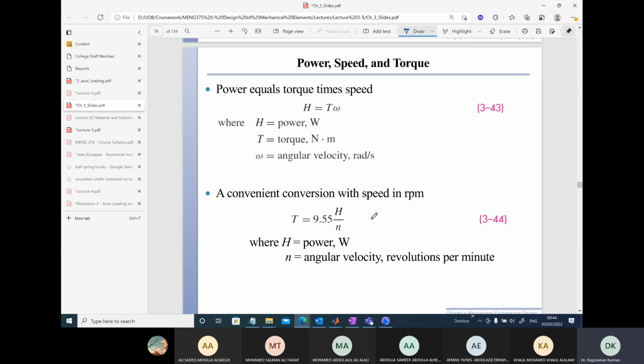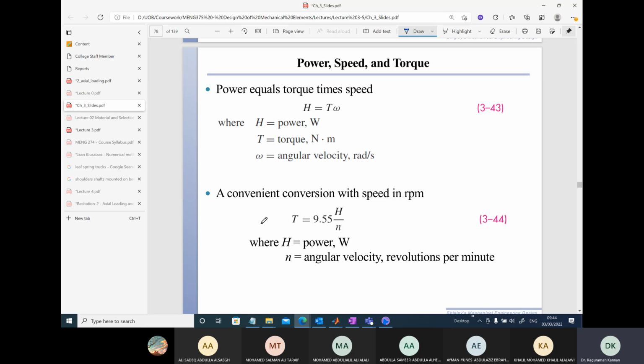This is the inverse of it. Here we are again calculating in SI units, except that we replace the angular velocity omega with the RPM value. When you have it in RPM, you have to convert it into radians per second, and this factor converts that into radians per second.